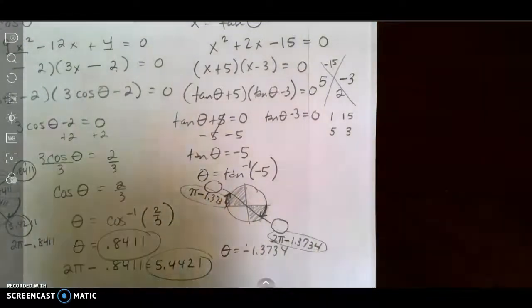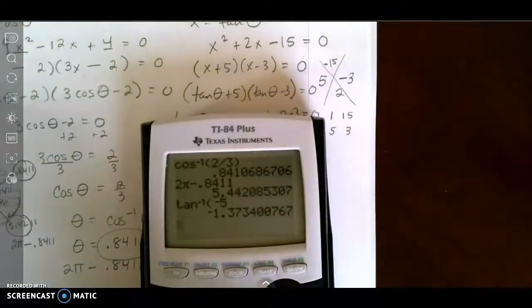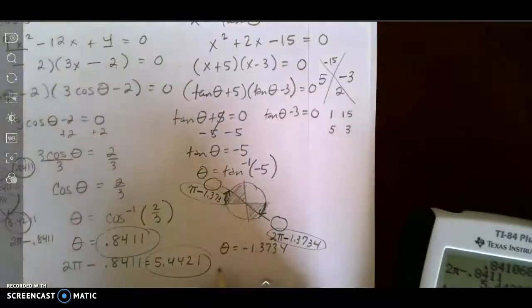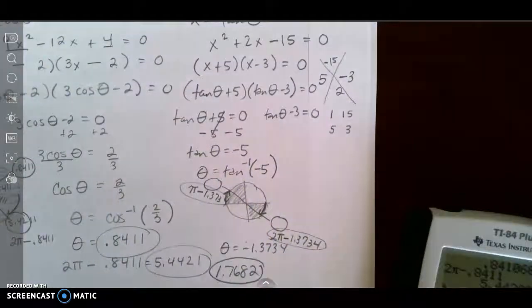So let's see what they are. Pi minus 1.3734, and I get 1.7682. 1.7682 is one of my answers.